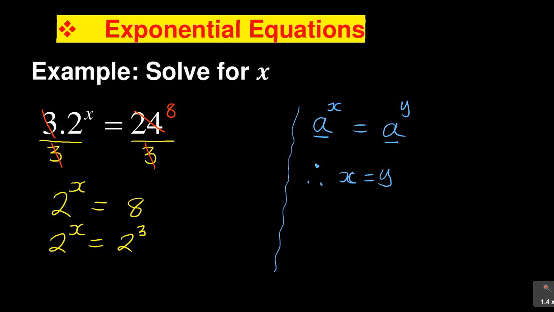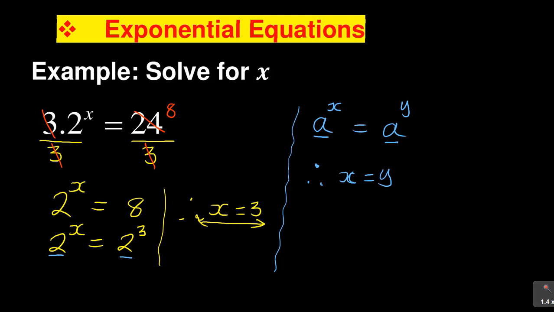So we have managed to match the bases, and therefore we can conclude and say, therefore x is equal to 3. So we equate the exponents and we have solved for the value of x. That is how you are able to solve the value of x in that case.